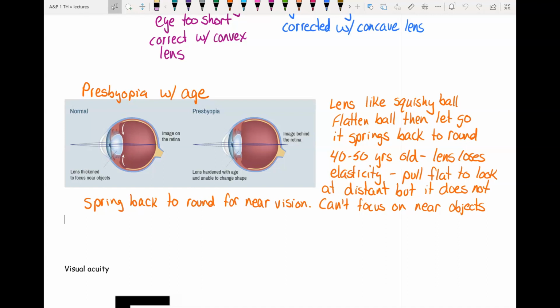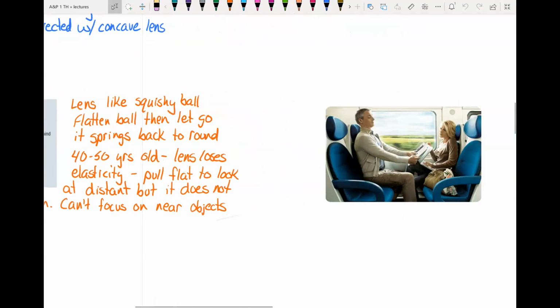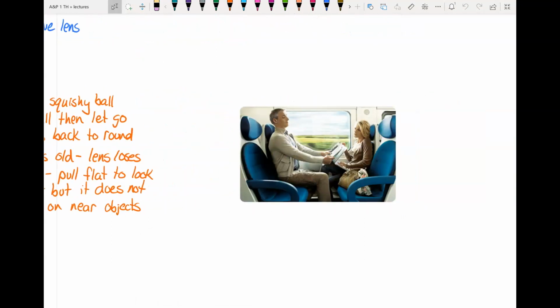You can tell when somebody's starting to have presbyopia because they complain that their arms aren't long enough. Think about maybe your parents or your grandparents sitting in a restaurant and holding the menu out far away, or reading a book or a magazine and having to hold it out far away. That's a sign that presbyopia is occurring because you can't focus on anything that's close.